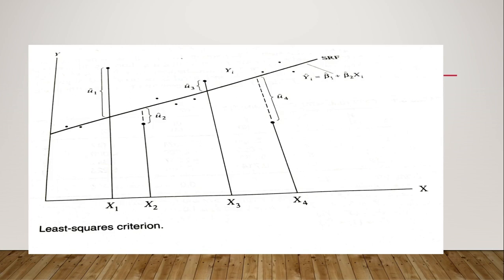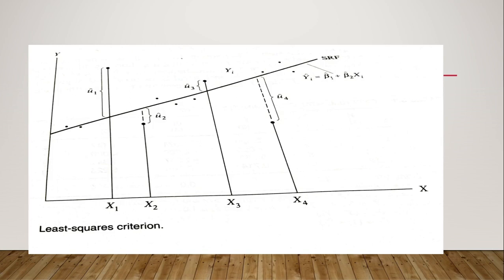In the second case, we have a negative residual. For x3, we have u3, which is positive, and for x4, the deviation between actual and estimated Y value is again negative. So we can see that for some observations, the actual Y values are far away from the estimated sample regression function.